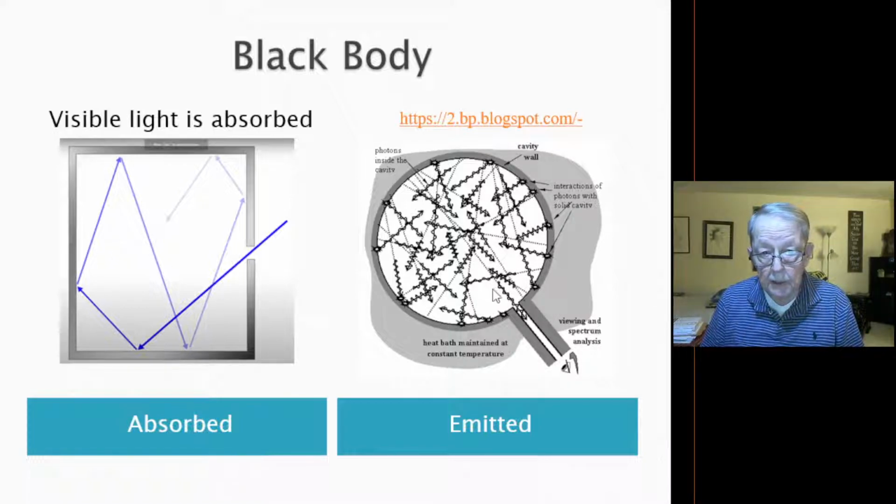And then eventually some of them come out the aperture, and you can either look at it with your eyes or you can measure it with an instrument. And that's, of course, what they do, is measure the light coming out of the aperture when you heat it up to these different temperatures, and you can plot those curves that we talked about.